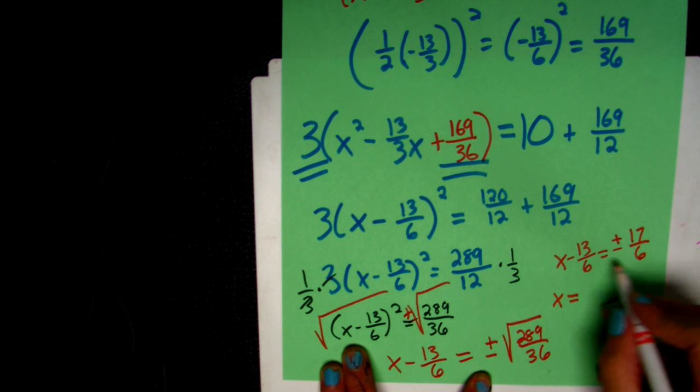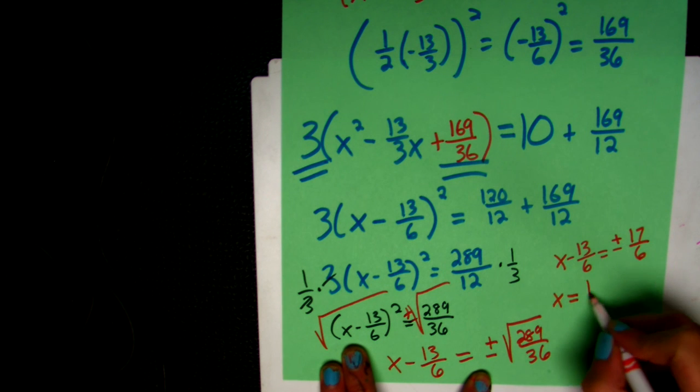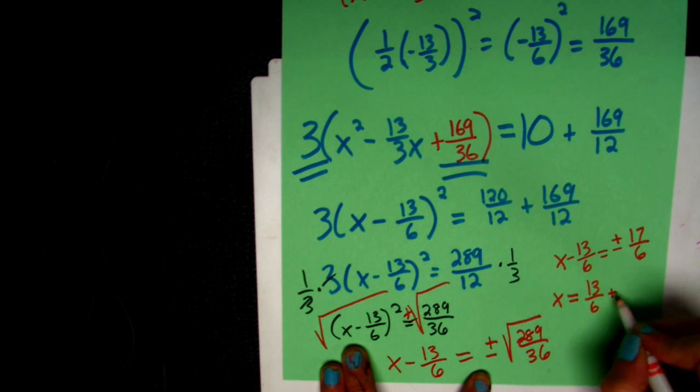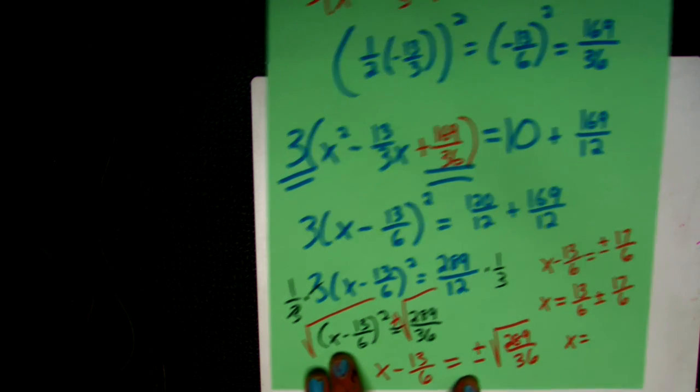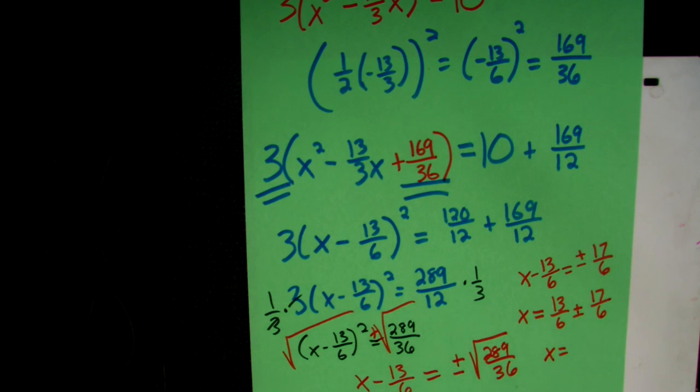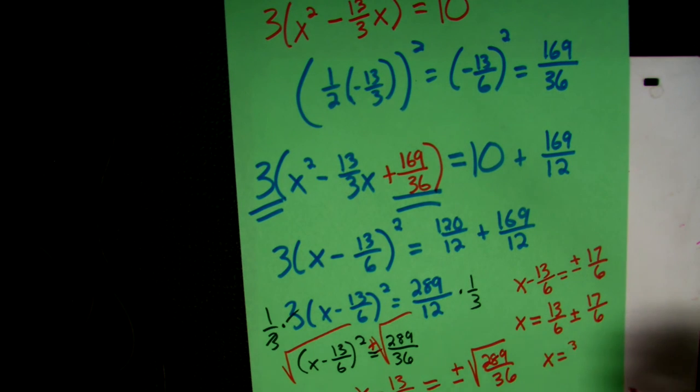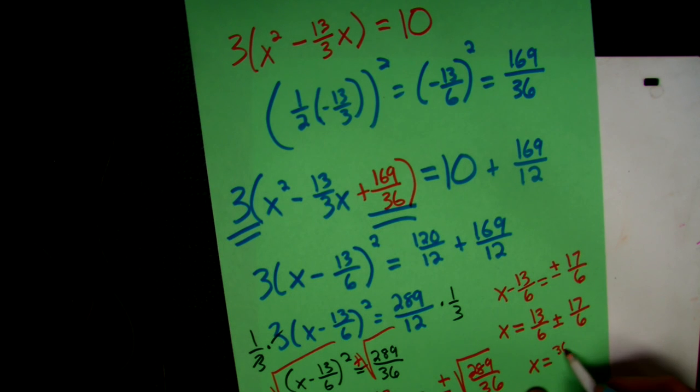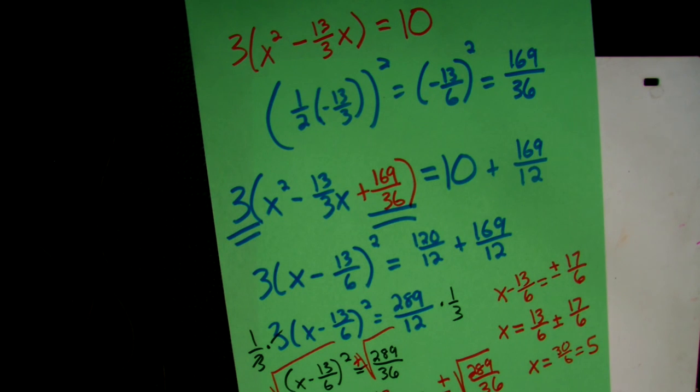So x is equal to, we're going to add 13 over 6 to both sides. So 13 over 6 plus or minus 17 over 6. So if you do 13 plus 17, you're going to end up with 30 over 6, which is 5.